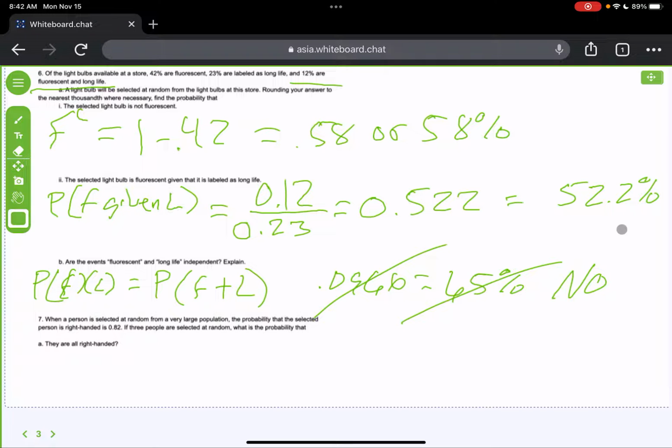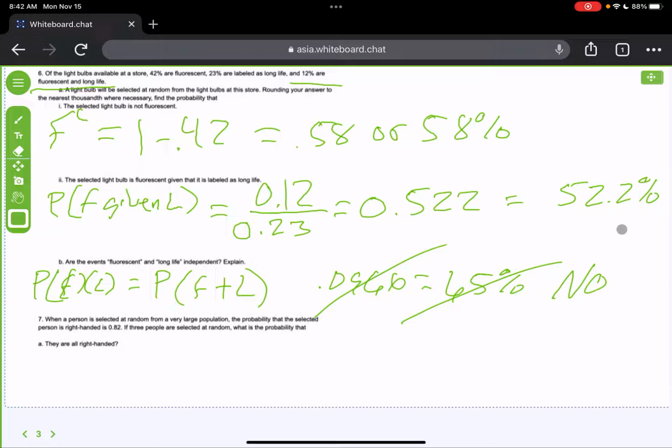Alright, number 7 says, when a person is selected at random from a very large population, the probability that the selected person is right-handed is 82%. If 3 people are selected at random, what is the probability that they are all right-handed?